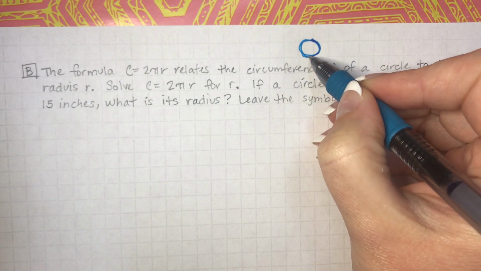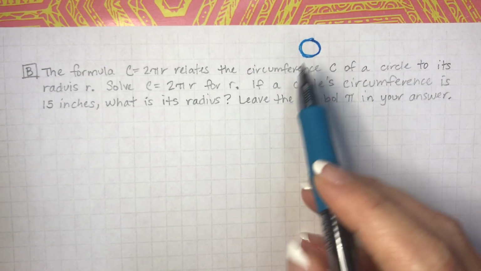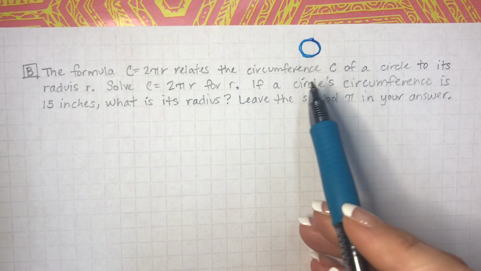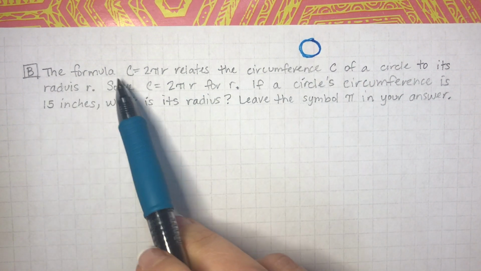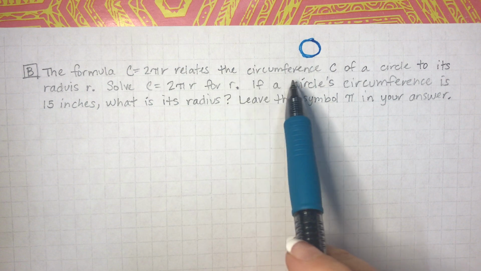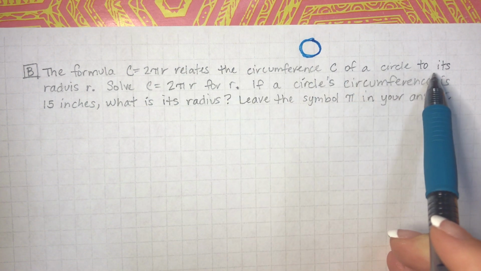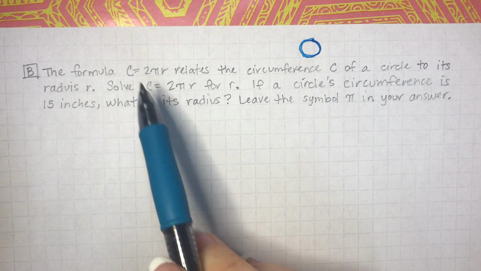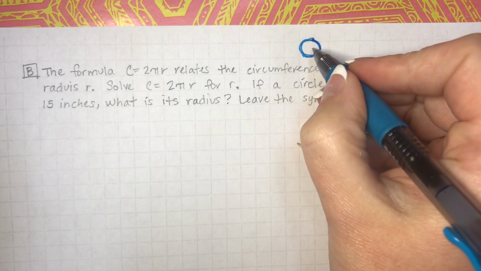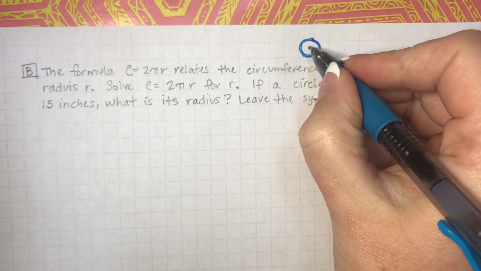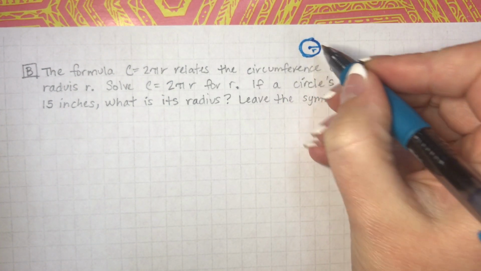It's the distance all the way around that figure, but for circles they give it a special name called circumference. So the formula C equals 2 pi r relates the circumference C of a circle to its radius r. And a radius is just the distance from the center of the circle to the outside. That's what a radius is.